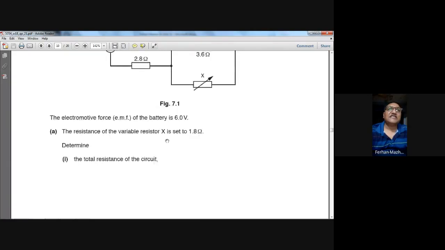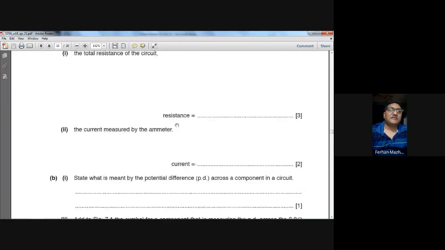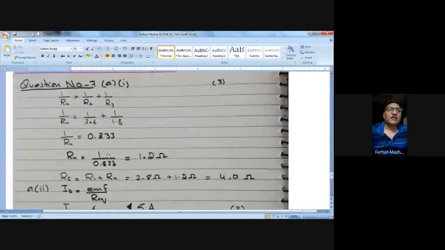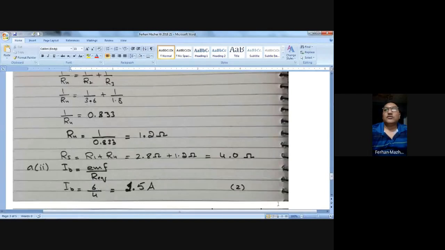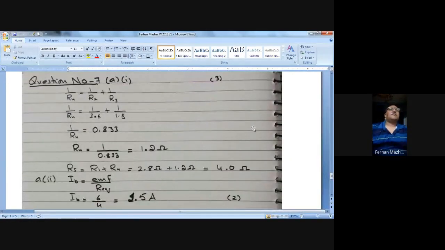I have done this on paper, and let me show you how we did this. The two resistors which were parallel to each other, the 3.6 ohm and the variable resistor whose value was 1.8 ohm, their equivalent resistance can be found by 1 by R4 is equal to 1 by R2 plus 1 by R3.